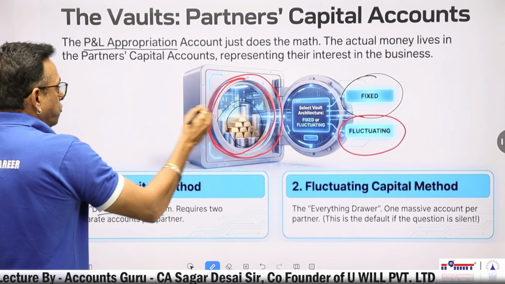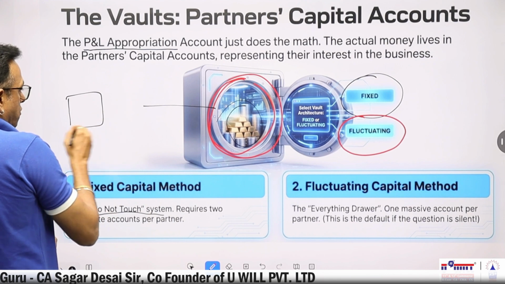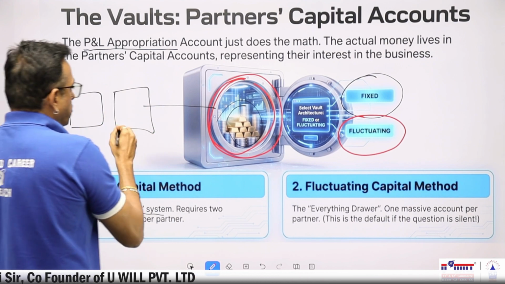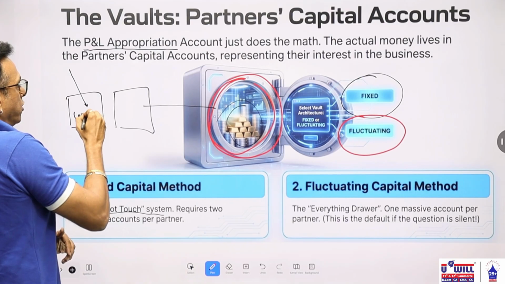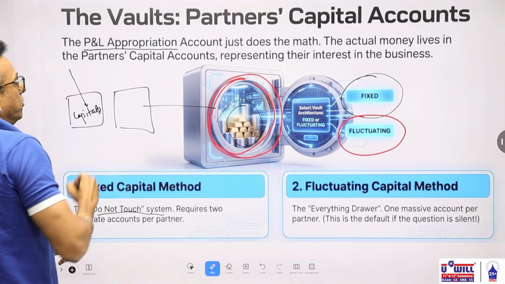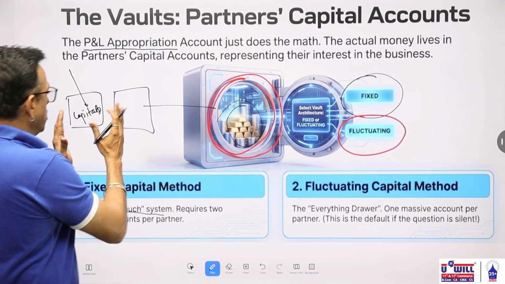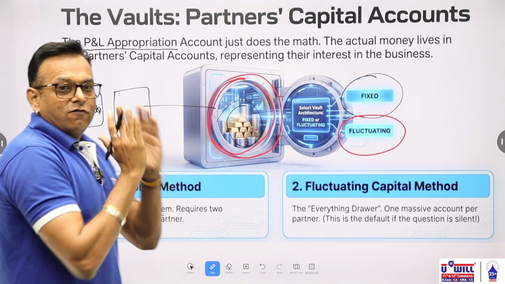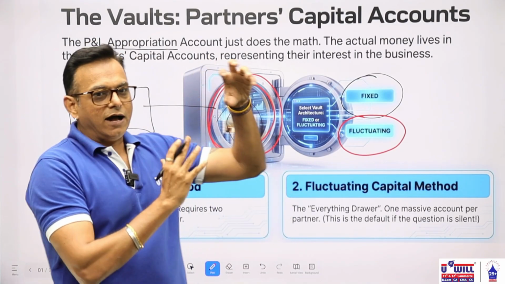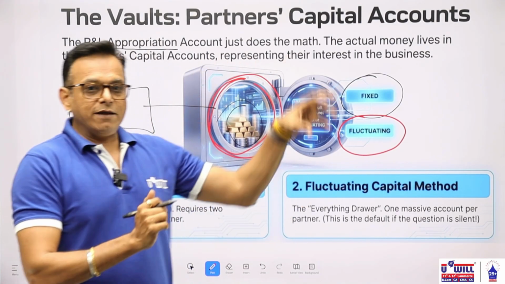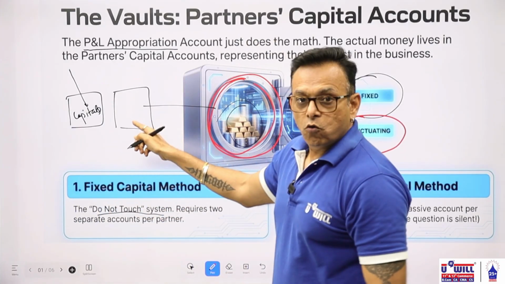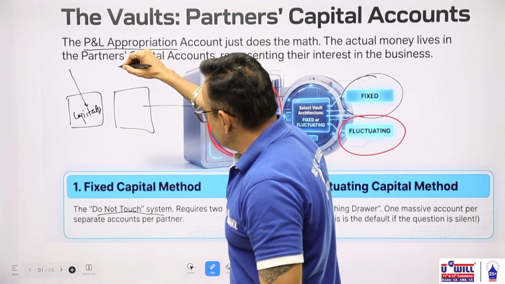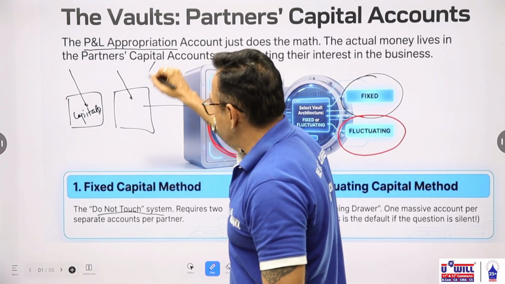We have now two separate vaults, vault 1, vault 2. Vault 1 will be the amount brought in by the owners towards capital. So vault 1 will be the money which the owners have brought in the business for doing business, the amount they have invested. Vault 2 will be apart from capital, everything else.